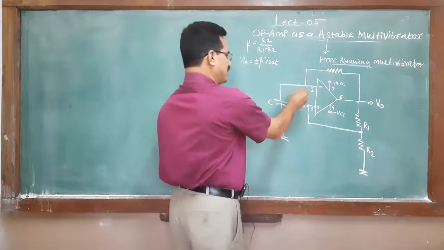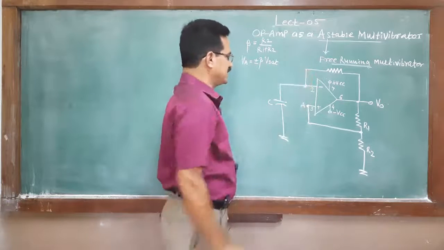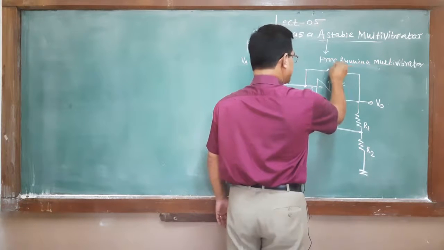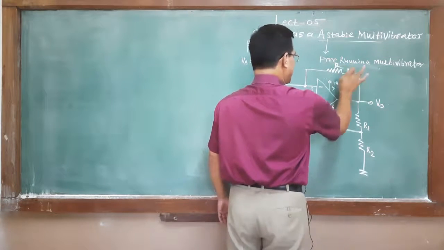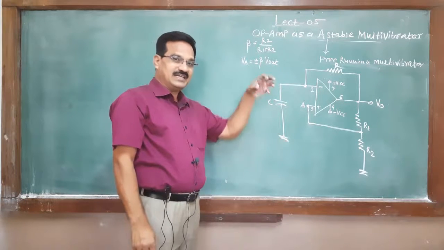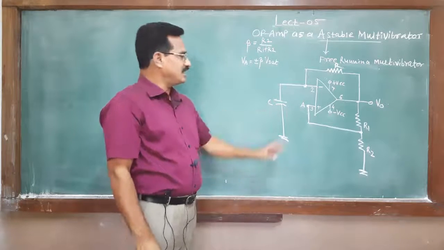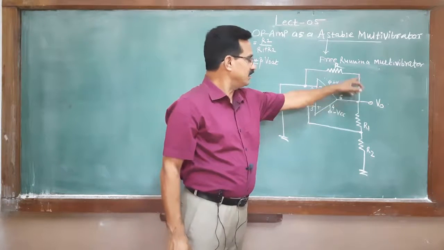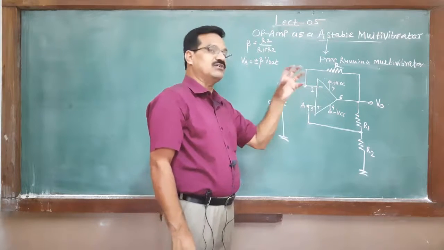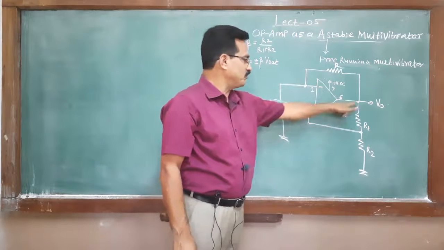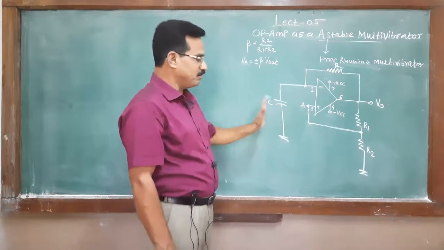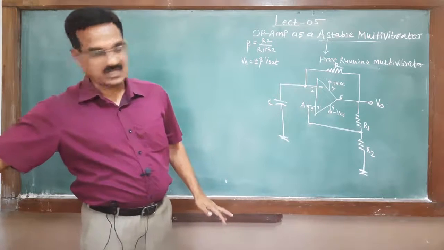Here is a resistor, we call it R, and here is a capacitor C. Instead of providing the input externally, the output is given back to this inverting terminal, and this RC combination acts as an integrator. It means the output is given to the input by integrating. Remember how this particular circuit works.